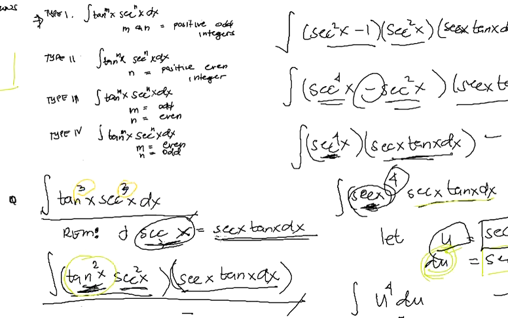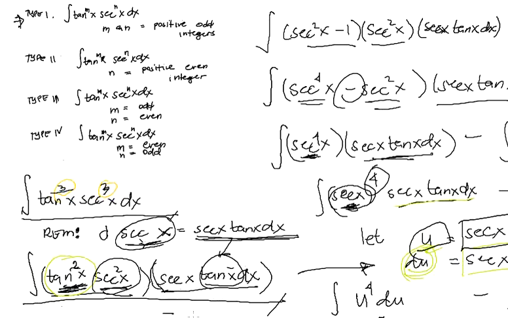So we isolate this secant x tangent x so that we can use this later on as the derivative of secant x. Then after that, we do the algebra, and we say that the remaining values of tangent is tangent square x, because we have tangent raised to 1 there. So 2 plus 1 is 3. The same thing with the secant square x and secant x here.